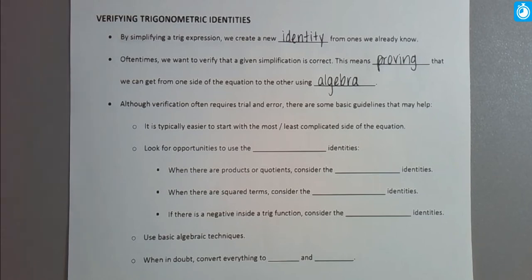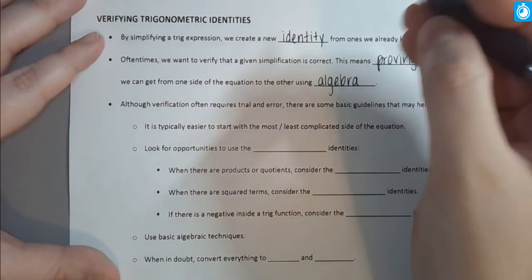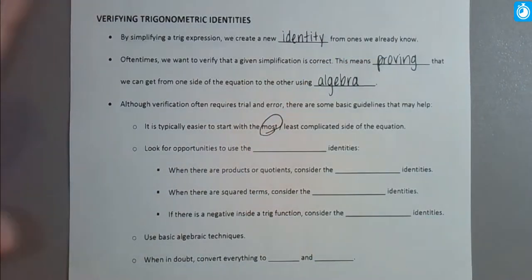Now, typically, if you're taking an identity, which again is an equation, a relationship between one side and another side that's always going to be true regardless of the inputs, and you want to show that you can go from one side to the other, that the two sides are in fact equivalent, it's typically easier to start with the most complicated side of the equation. It's easier to take something that's complicated and simplify it than it is to take something that's simple and somehow make it more complicated.